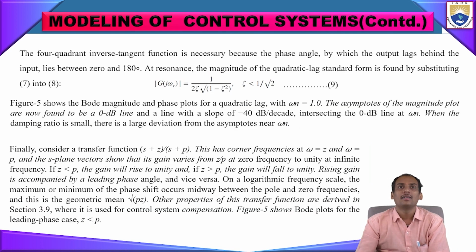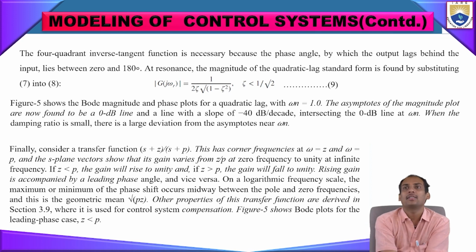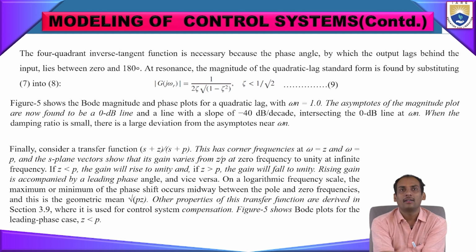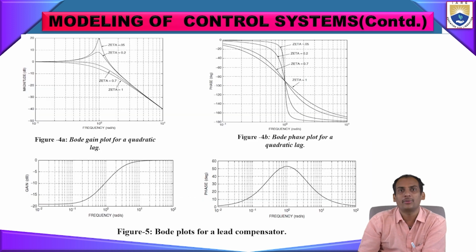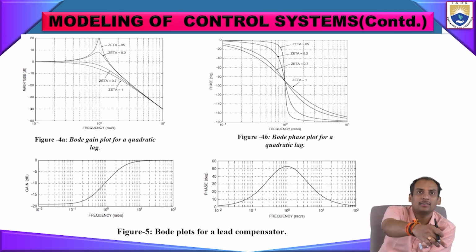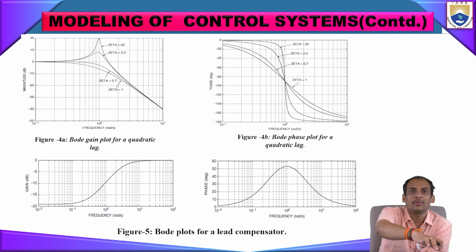So see here the figure, the Bode magnitude and phase plots for a quadratic lag. The asymptotes of that magnitude plot will now be found to be the 0 decibel line only.